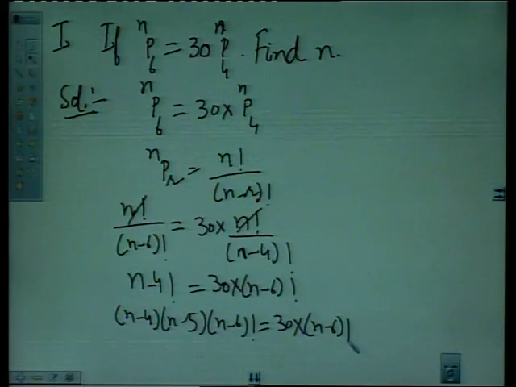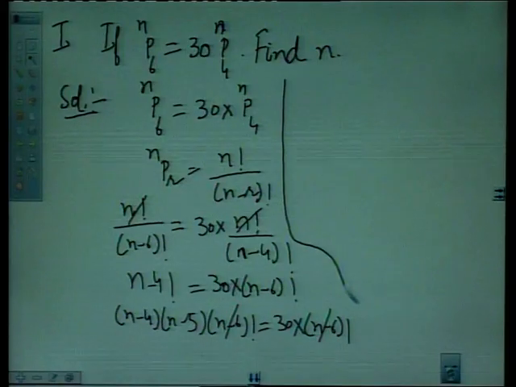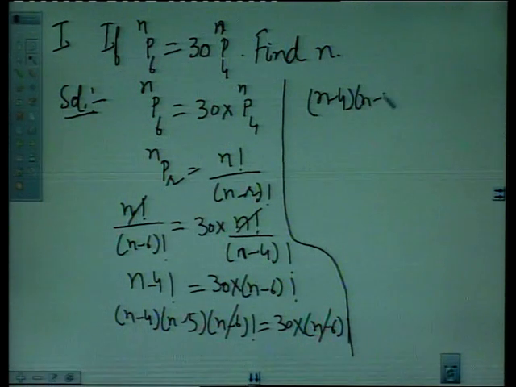Now, on both sides we have n minus 6 factorial, so cancel it from both sides, and we are left with n minus 4 into n minus 5 is equal to 30.